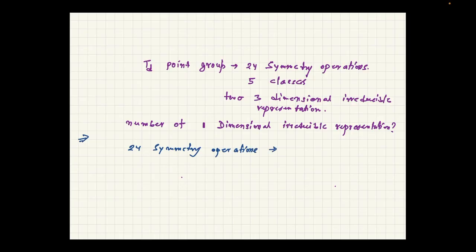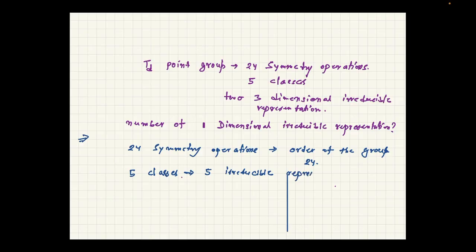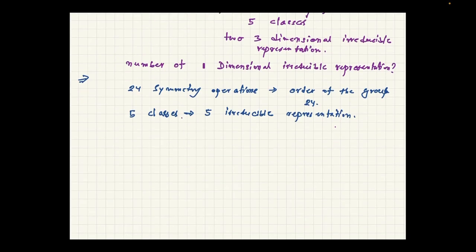Now there are 5 classes. So 5 classes means what? 5 classes means 5 irreducible representations.